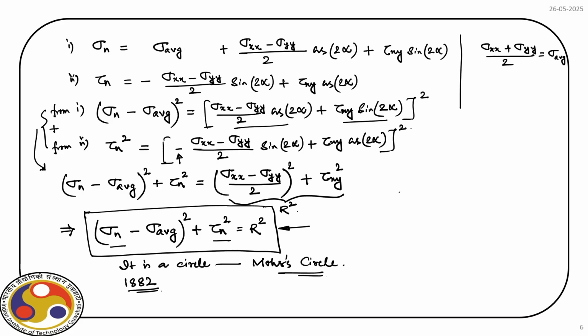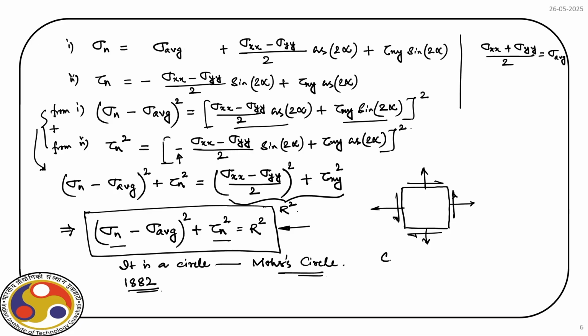So, if we have a 2D stress field, we can derive this expression of the Mohr circle, and that Mohr circle will give us the maximum value of normal stress, that is the principal stress, and the maximum value of shear stress along with their orientation. Now, what is the center of this circle?